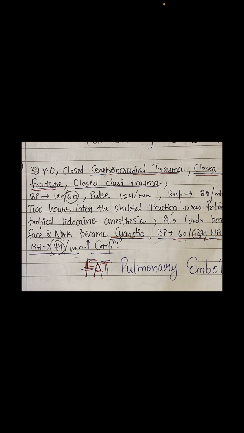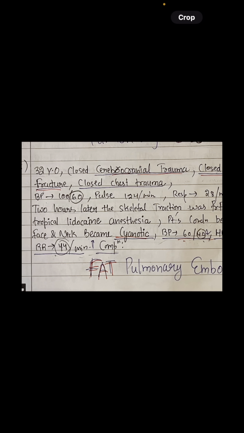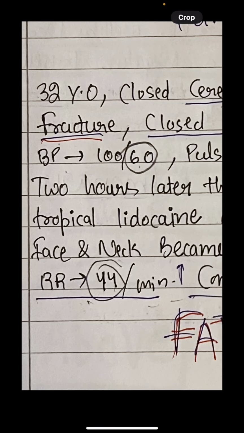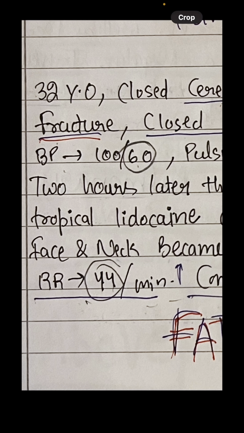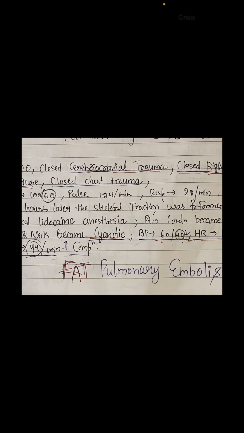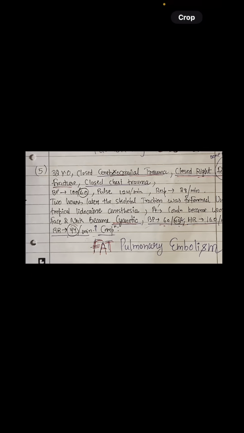A 32-year-old with cerebrocranial trauma, closed right femoral fracture, closed chest trauma. So the question directly highlighted what we wanted to see, that there are a lot of fractures. The severity grade is high. Diastolic BP is 60, pulse is severely high, respiration is high.